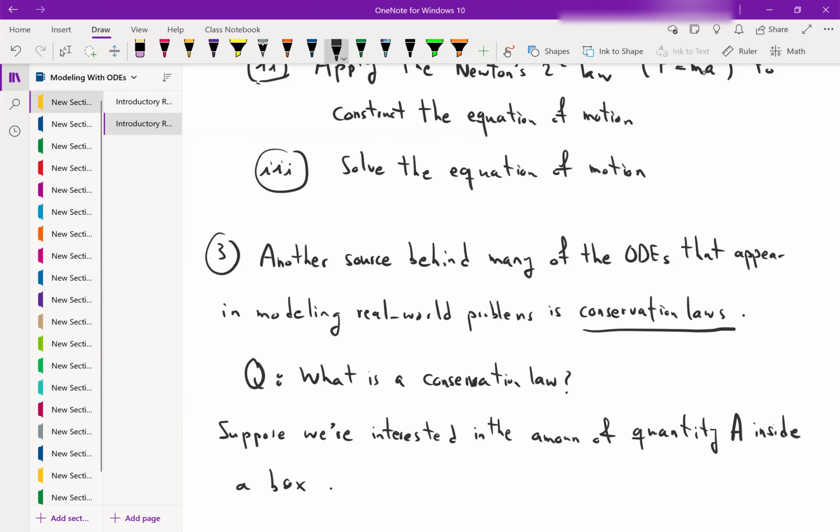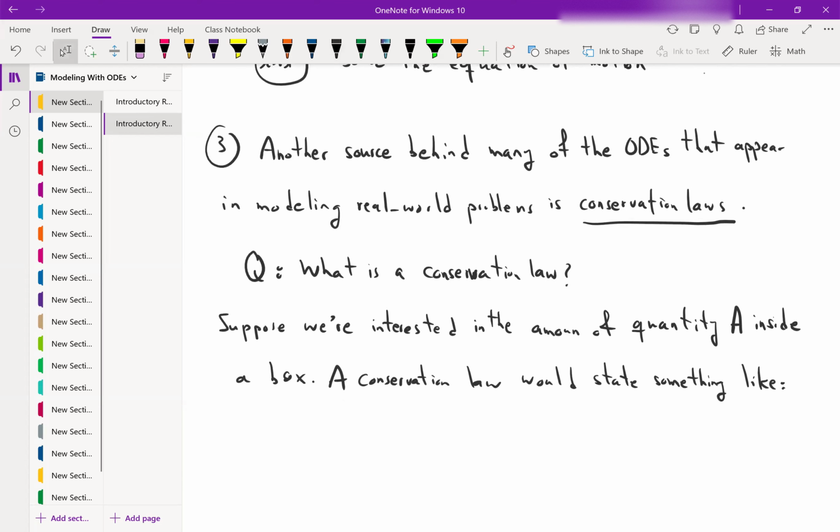A conservation law would state something like this. So I'm going to tell you what the conservation law would tell us, and you will see how natural it is.